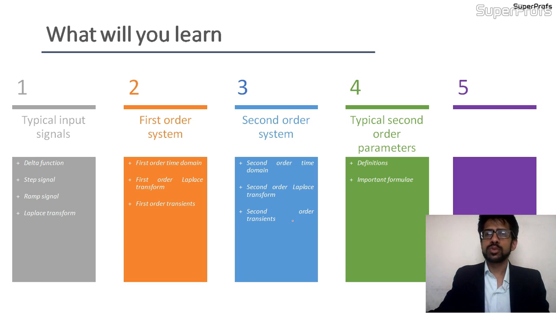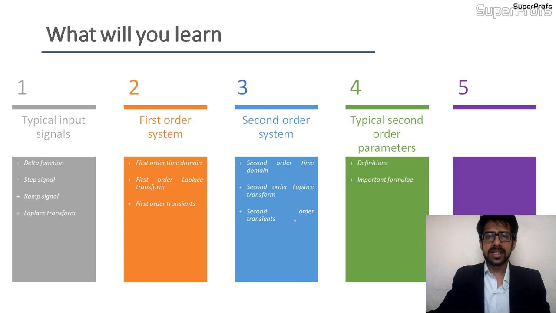Later on, we move towards first order systems. First order systems are simpler systems, and we are going to study first order transients. Later on, we will come towards second order systems, which are a little more complicated than first order systems.